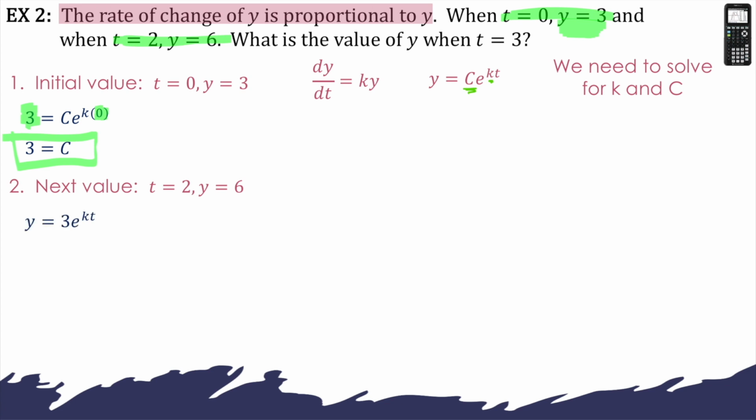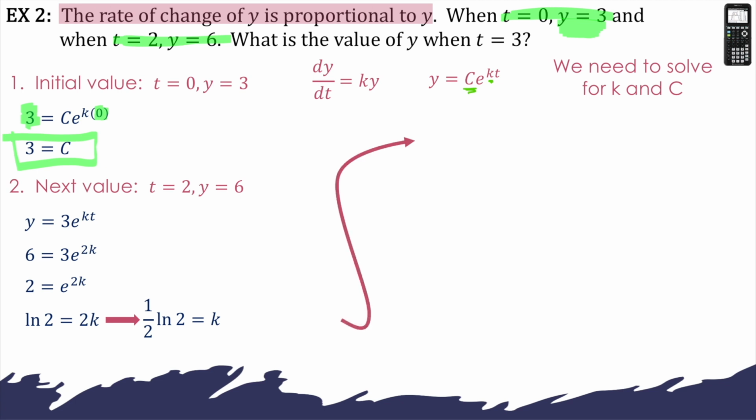So we know c, so right now we have y equals 3e to the kt, let's solve for k. So we'll plug in 6 for y and 2 for t. Divide both sides by 3 and take the natural log of both sides and divide by 2. So our proportionality constant is 1/2 ln 2. So now we have a full model of this. y equals 3e to the 1/2 ln 2 times t.